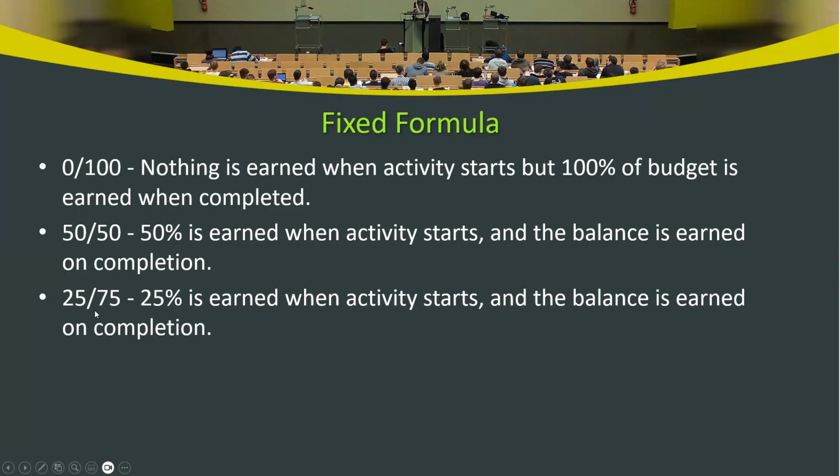Then there is a 25-75 rule. 25% is earned as soon as the activity starts, and the remaining value is earned when the remaining work is completed. That's the fixed formula.